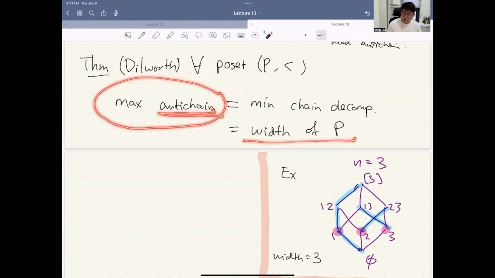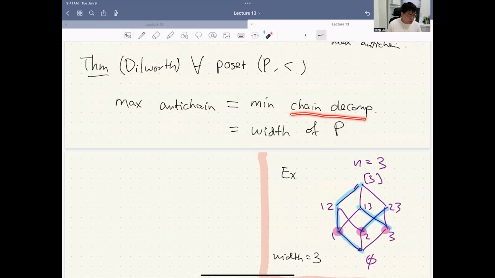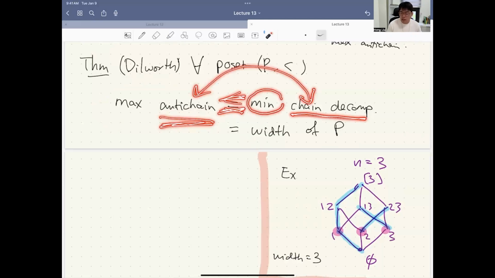It's enough to find a chain decomposition that has the same size as the anti-chain. Because we always have this inequality, if you find two that have the same size, that means equality must hold. And the right-hand side must be the minimum one, and the left-hand side must be the maximum one.